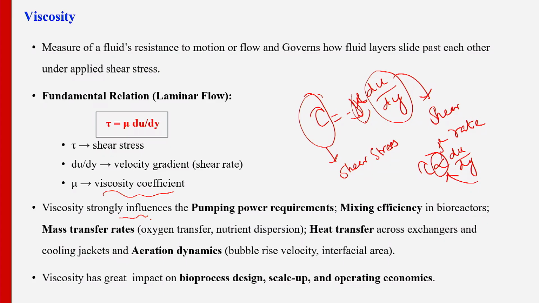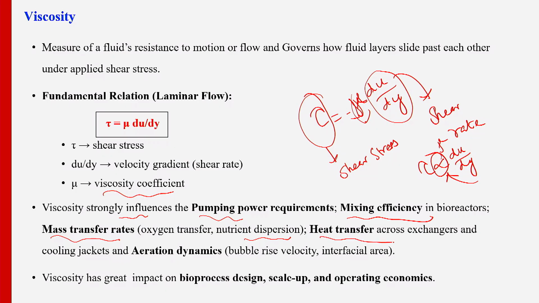Viscosity strongly influences the pumping power requirement, because if it is more viscous, you have to spend more power, which affects the efficiency of the bioreactor. Then there are the mass transfer rates, especially oxygen transfer and nutrient dispersion, where viscosity plays a main role.